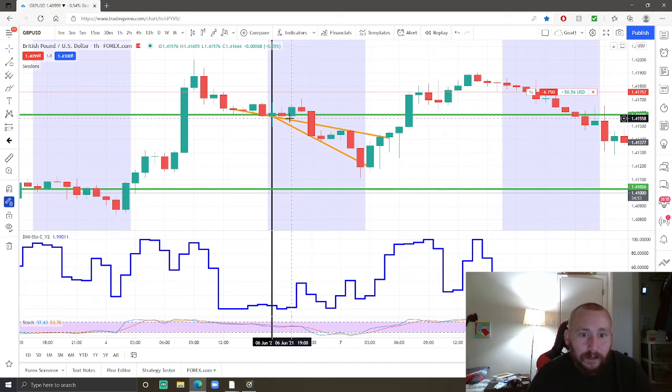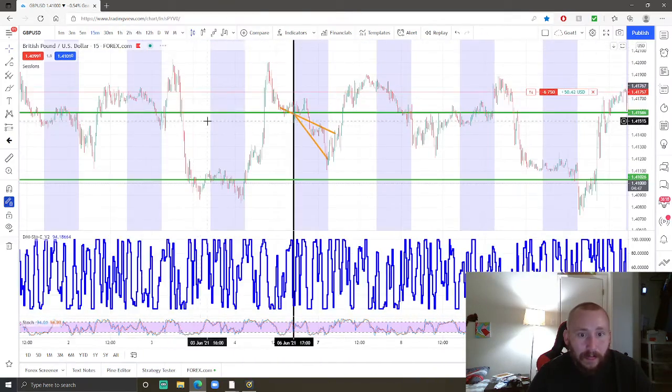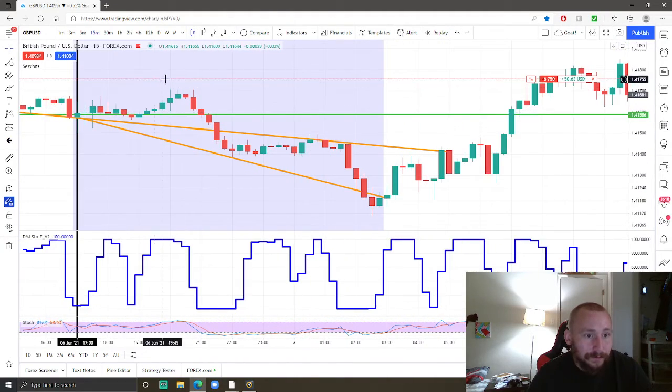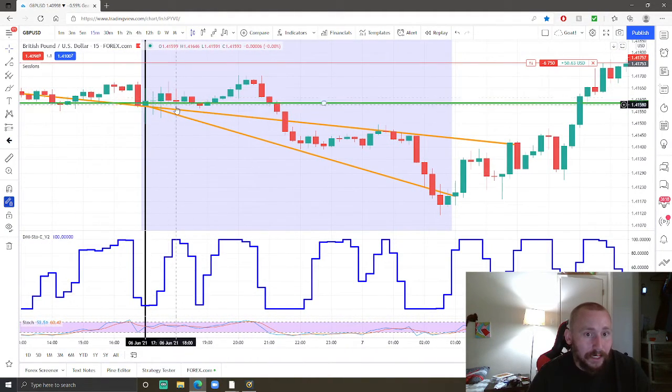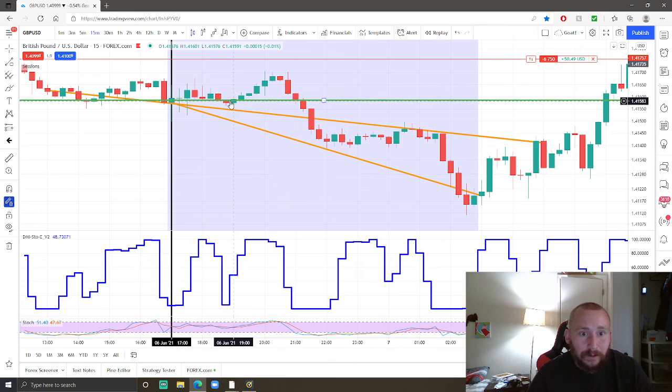However, what I probably would have done was went to the 15, knowing it was going down, right? And I would have waited for a failed, like a failed retracement, right? So I would have looked for a huge green run, right? So this is consolidating, so huge wicks don't count.